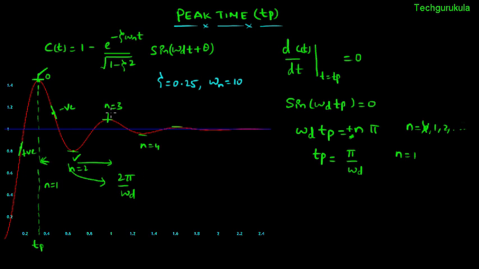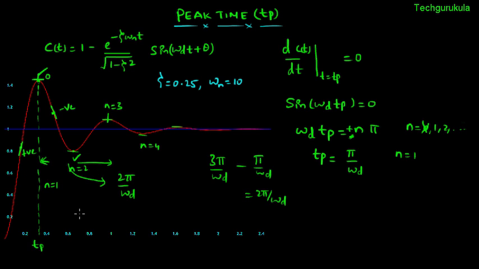So let us calculate the time value at n equals 3, which will be 3 pi by omega d, and at n equals 1 it is pi by omega d. If you subtract, we will get 2 pi by omega d, which makes it clear that the difference between this point and this point is exactly the time duration corresponding to the damped oscillation frequency.